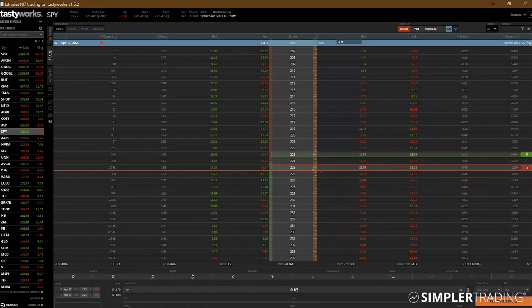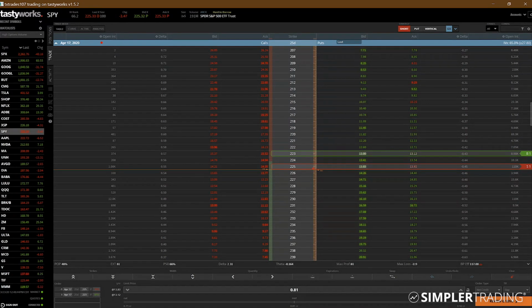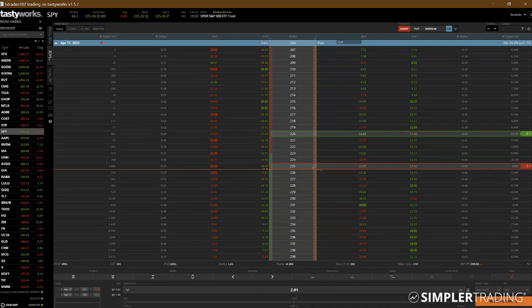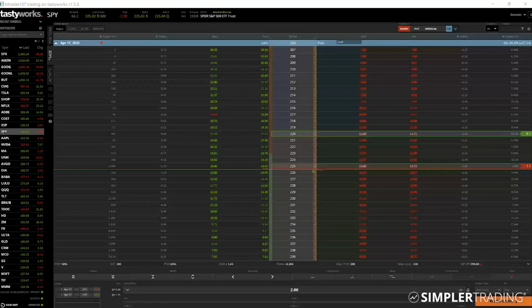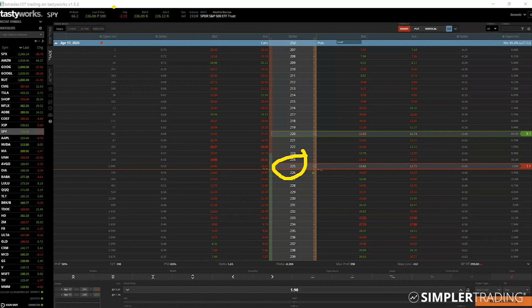So we could set up something like this. This is basically a put credit spread. You're going to see that we're selling the 225 put, which is the at the money put. You can do the 226 as well. We're selling the 225, and then we're buying the 220 as protection.